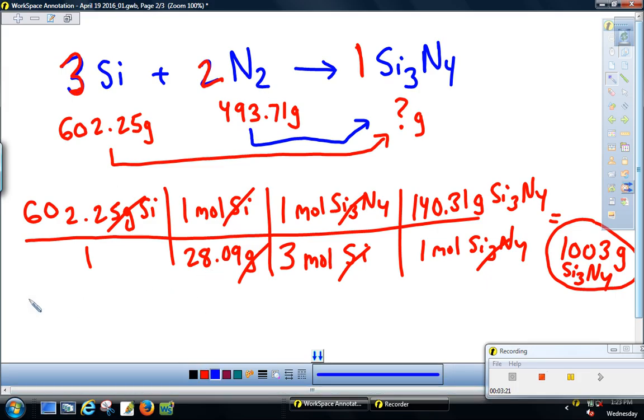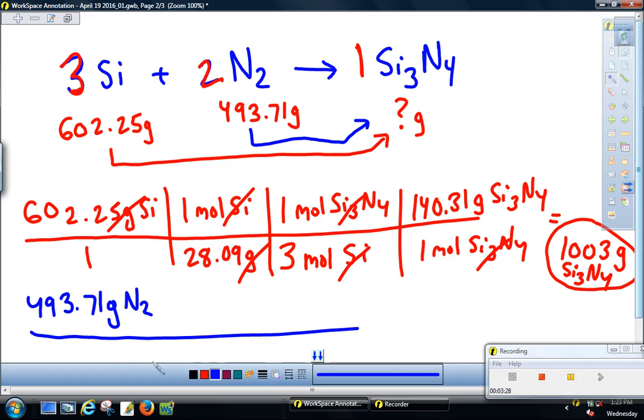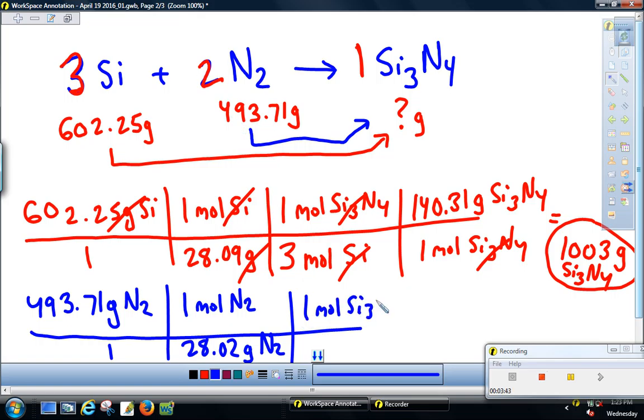So we're going to take 493.71 grams of nitrogen and do the same process, convert into moles. 1 mole of N2 is 2 times 14.01, or 28.02 grams per mole. The ratio is 1 mole of product can be made for every 2 moles of reactant.